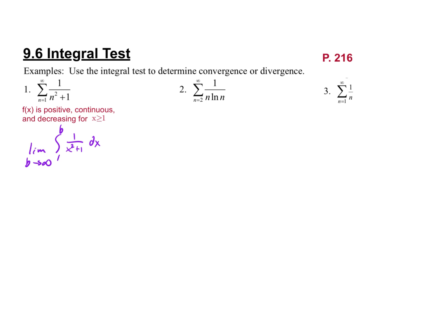Do you have to say for x greater than or equal to 1? You do. And you could also say f of n for n greater than or equal to 1. I think I said it before too. This is an improper integral when the function is discontinuous somewhere or one of the limits of integration is infinity or negative infinity.